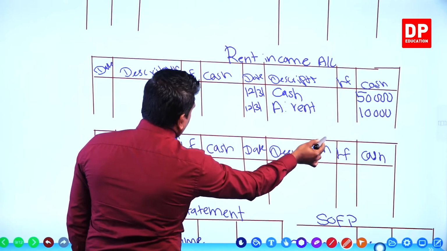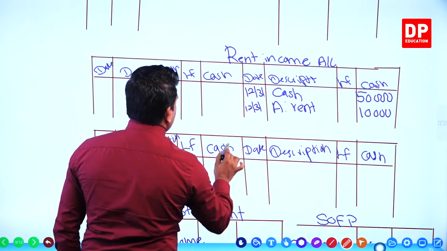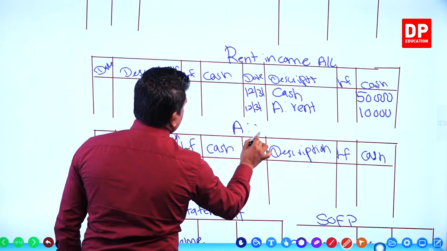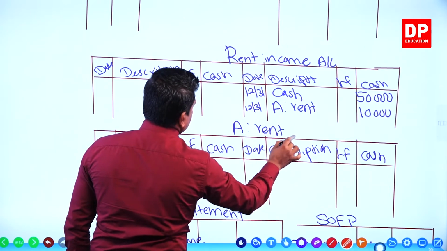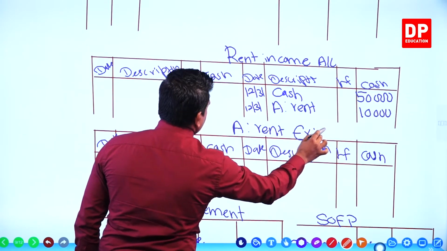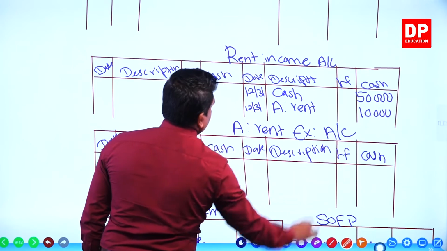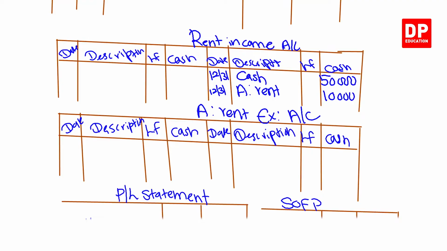We write as accrued rent, but in the rent income account it comes to the debit side because it's an asset like a debtor. How much? 10,000.